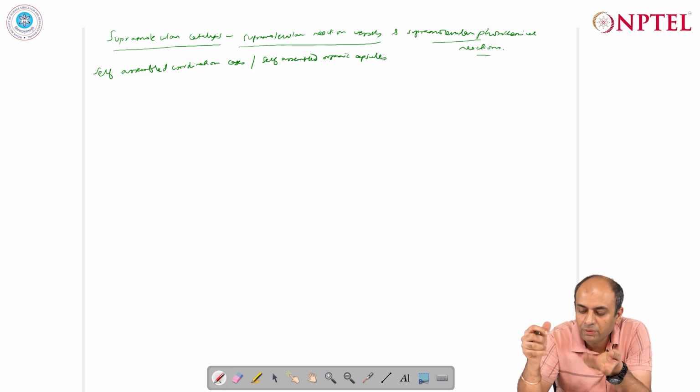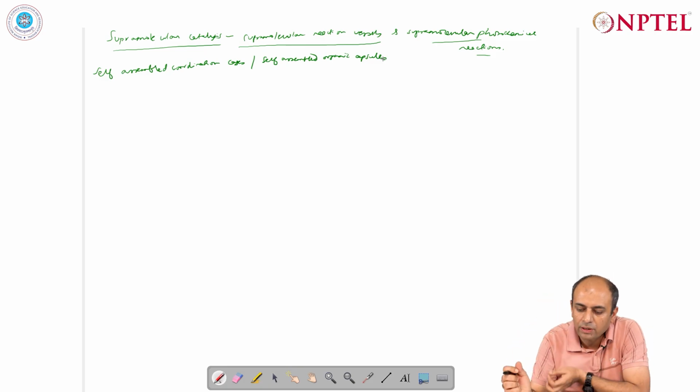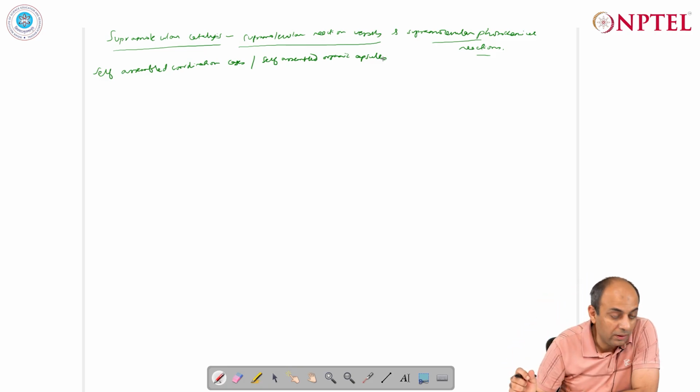And one such example we have seen is in case of cyclodextrins, which have this hydrophobic cavity and the hydrophilic exterior, where you can have the chemical reactions, and also some of these function as enzyme mimics.